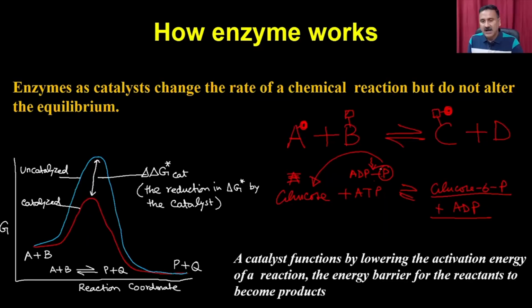This means that if I have to catalyze any such reaction, first, I have to have the breakdown of bonds, the bond between ADP and phosphate, and then we also should have the formation of new bonds.